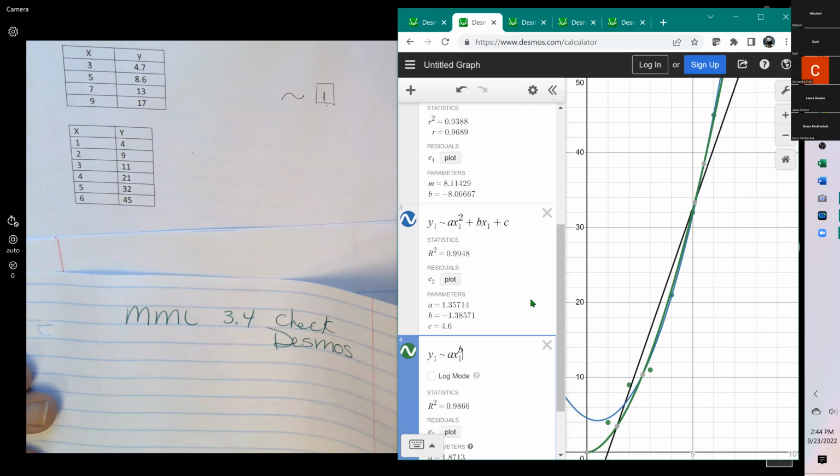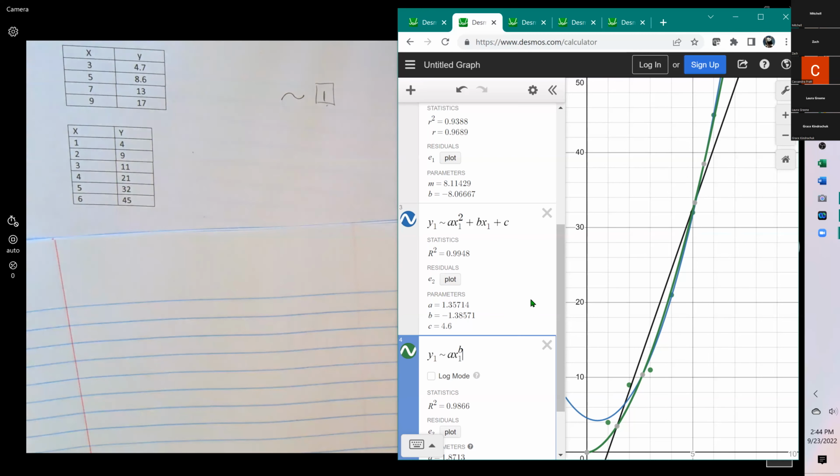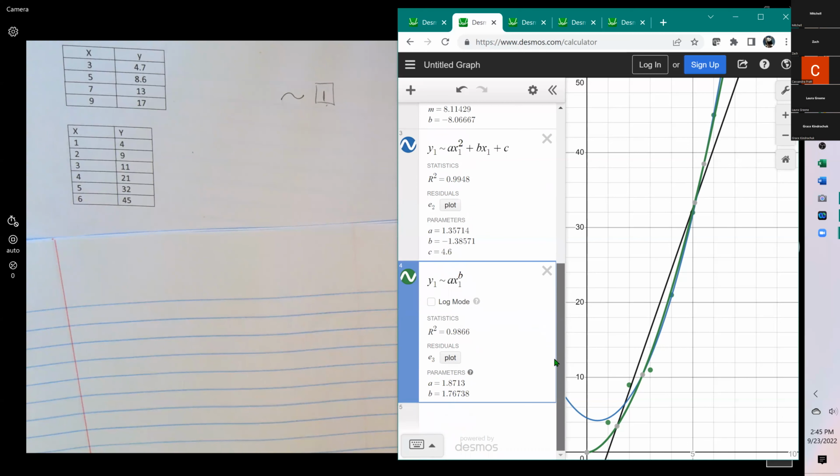But if that's happening, send me a picture of the problem and what you put, and then I'll go on Desmos and give you credit for it. I don't want you to do it 100 times if it's not working, but I will go on and play with some problems too and see what's going on. And then I will let MyMathLab know. I'll send a message to Pearson.